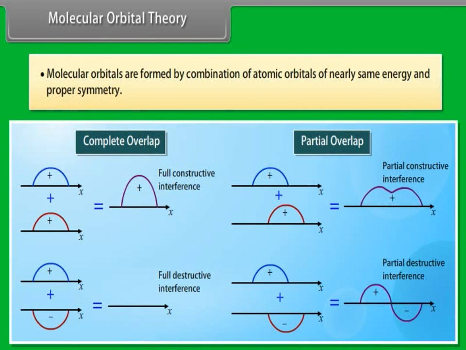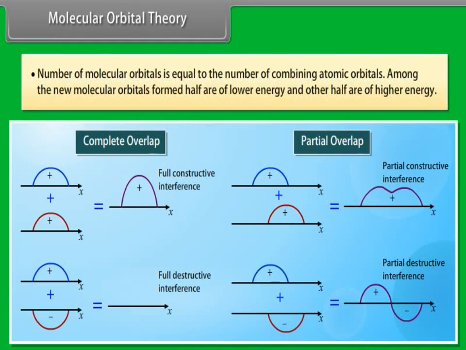Molecular orbitals are formed by combination of atomic orbitals of nearly same energy and proper symmetry. Number of molecular orbitals is equal to the number of combining atomic orbitals. Among the new molecular orbitals formed, half are of lower energy and the other half are of higher energy.